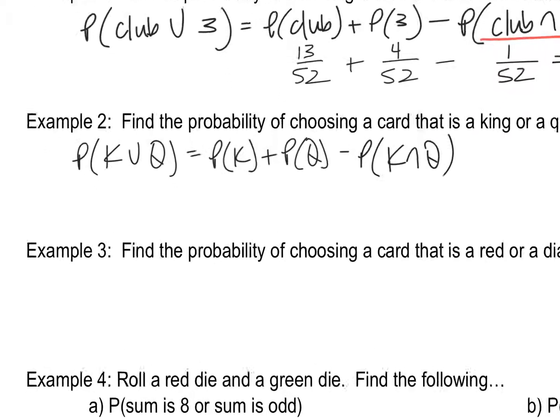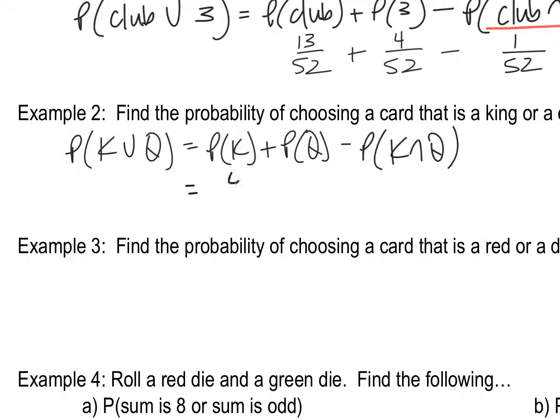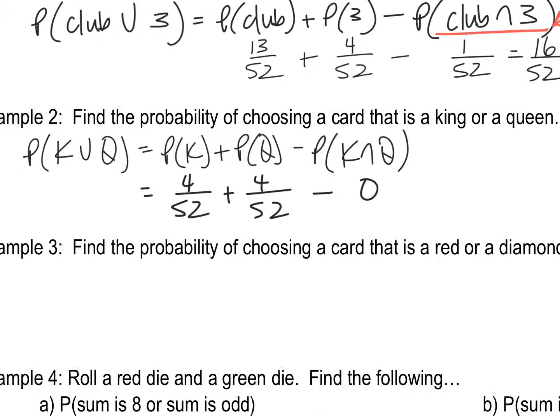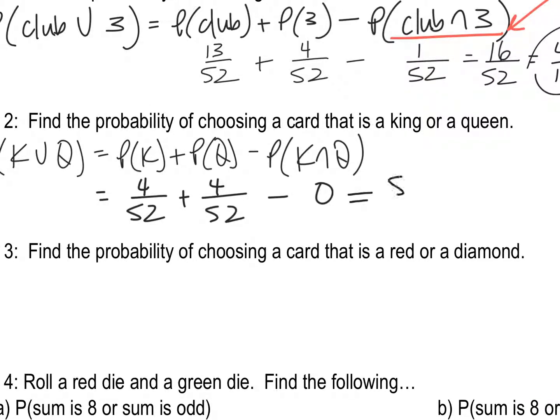But the probability of being a king, there happen to be 4 kings out of 52. There also happen to be 4 queens out of 52. And there are no cards in the deck that are both kings and queens. So that gives me a grand total of 8 out of 52, which again, you can divide everything there by 4. So you get 2 over 13.